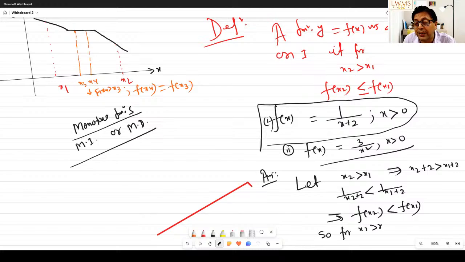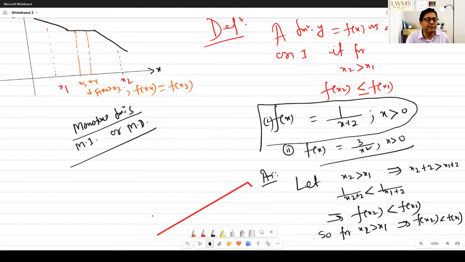So x2 greater than x1 implies f(x2) less than f(x1). Hence the function is monotonically decreasing.